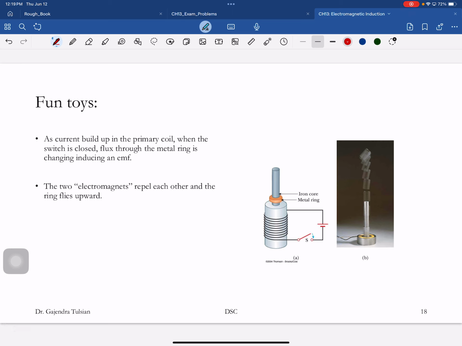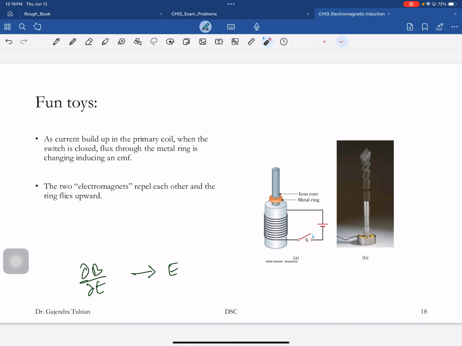All right, so I don't know if you guys have seen a toy like this, but again, what is the deal? What happens if you change a magnetic field? Yeah, it produces an electric field, which can drive a current.